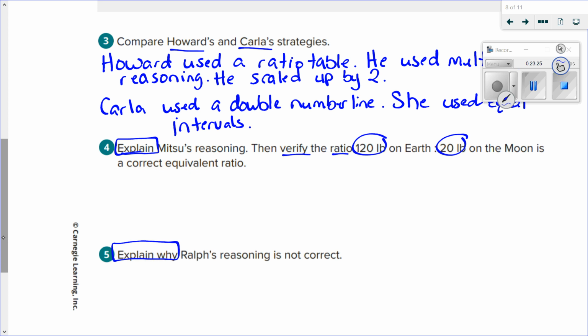Additive reasoning means you add the same number to the top and the bottom. She didn't add the same number to the top and the bottom. What did she do? Max? We just talked about this one. Yes, she added 2 equivalent ratios that she already knew to create a third equivalent ratio.